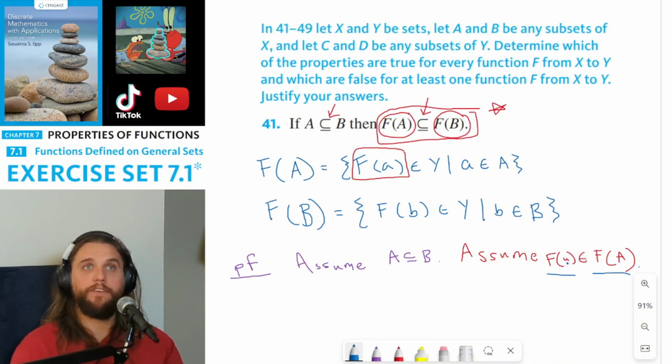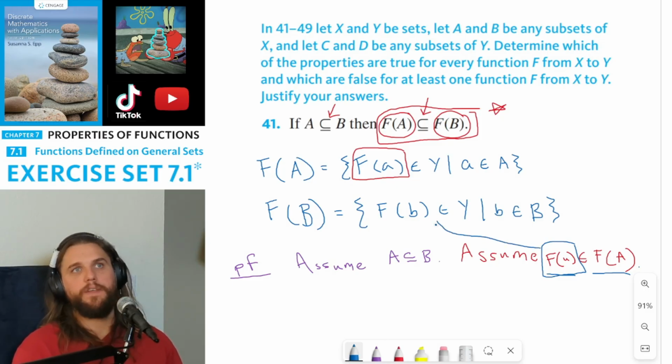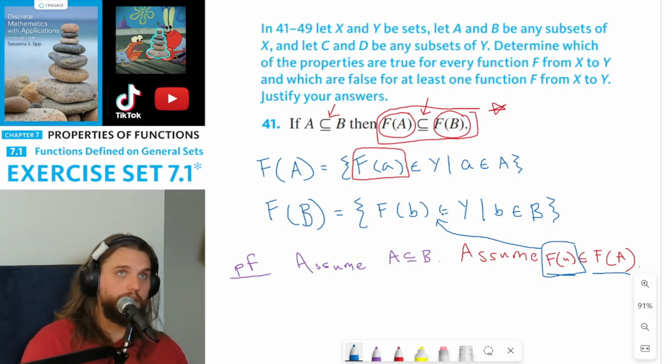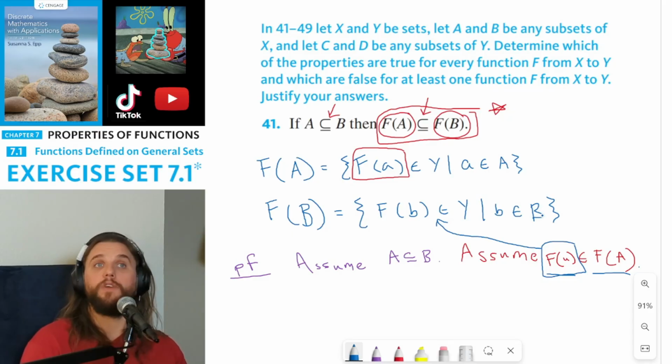So capital F of u is an element. It's an output rather than a set. We need to show that this element is also in capital F of B. But to show that an element is in capital F of B, we need to show that that element can be written as capital F of some letter, which we currently have, but we need to show that the corresponding input comes from the set B.